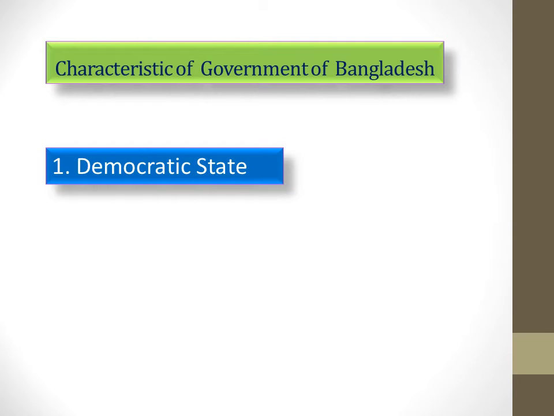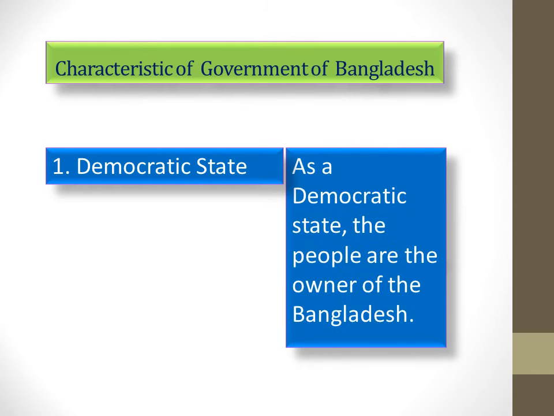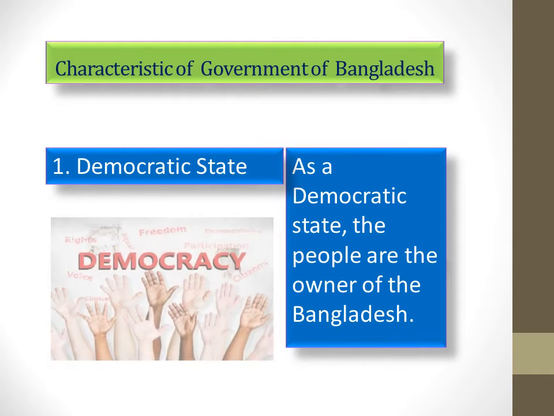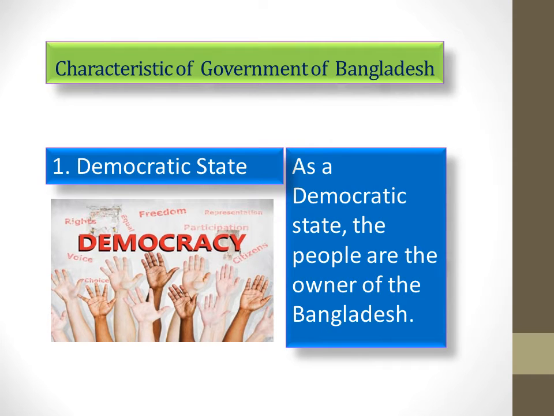The first characteristic of the Bangladesh government is democratic state. Students, do you remember what democracy is? Yes, students, in democracy, people can give their opinion. As a democratic state, the people are the owner of Bangladesh. Look at the picture, students. What do you see in the picture?